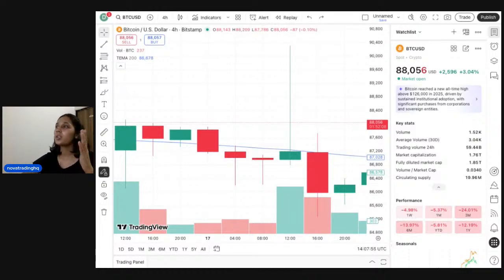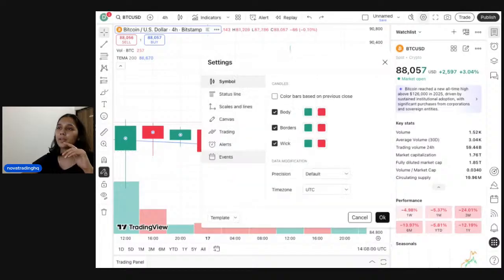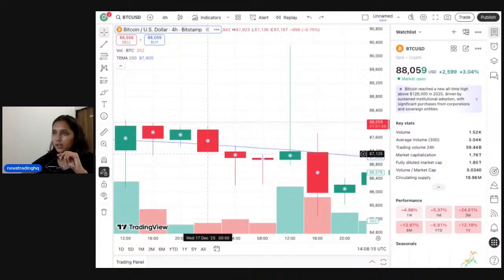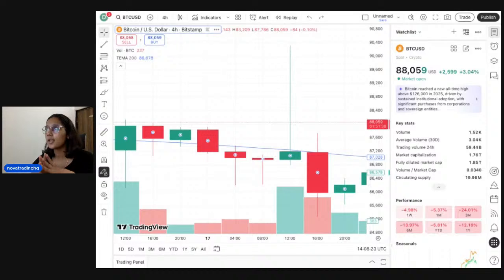The body closes at 87,200 approximately, and again you can see there is a very low wick at approximately 87,125, but it's a very small wick. So the candle anatomy: the body is approximately $400, the upper wick is around 600, and the lower wick is around 300, right?